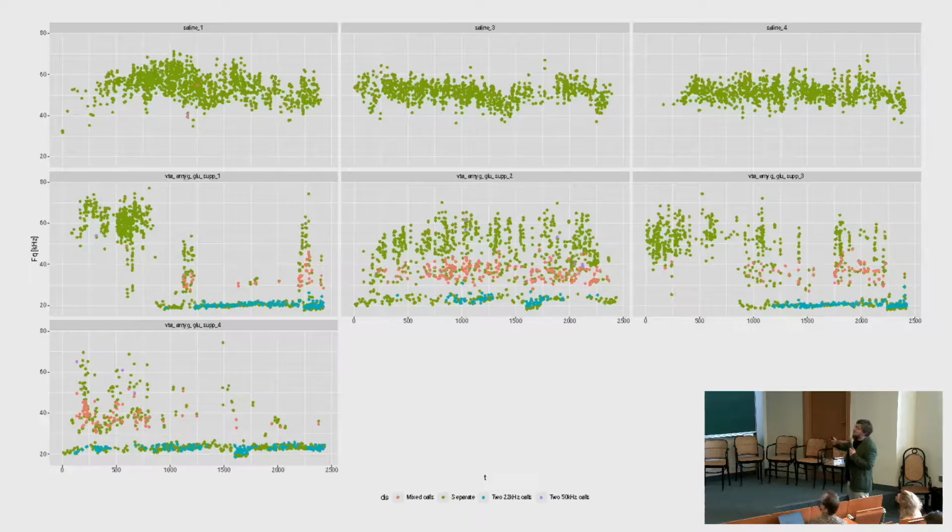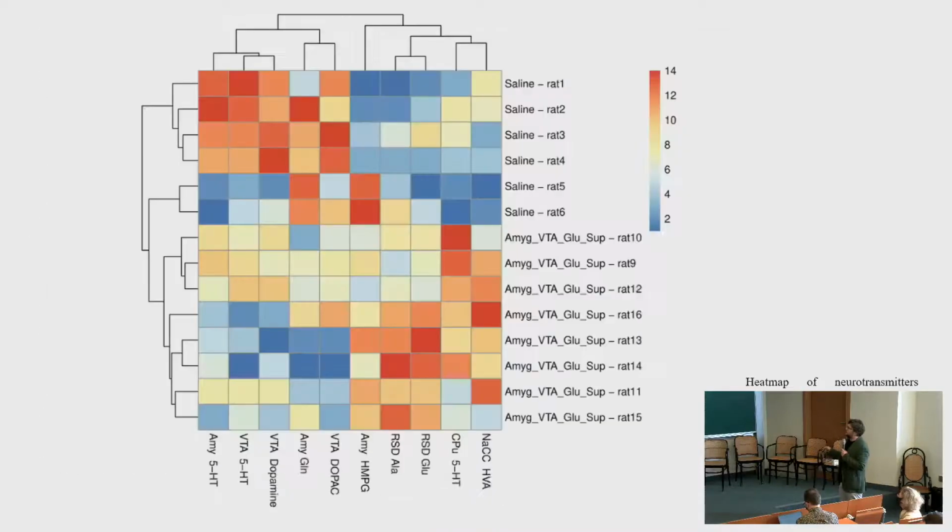We did the overlapping analysis, and we can see that there are a lot of overlaps in 22 kilohertz calls, so they amplified those aversive signals, and we've also got mixed calls, 22 plus 50 kilohertz. So it's the same situation as in the previous experiments we've demonstrated.